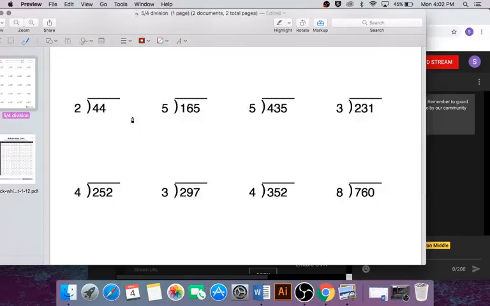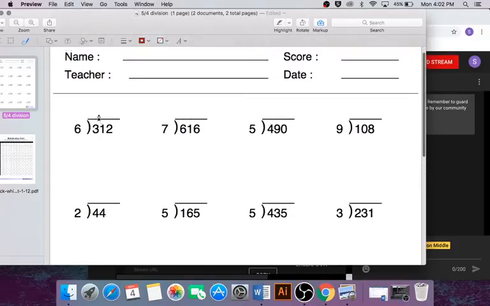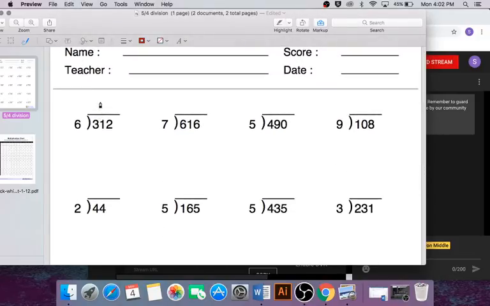So when we go back to our page, we'll put a 5 above this 1 because 5 times 6 is 30, and that's as high as we can go without going over 31. Then we subtract. So we have 31 minus 30, which is 1.